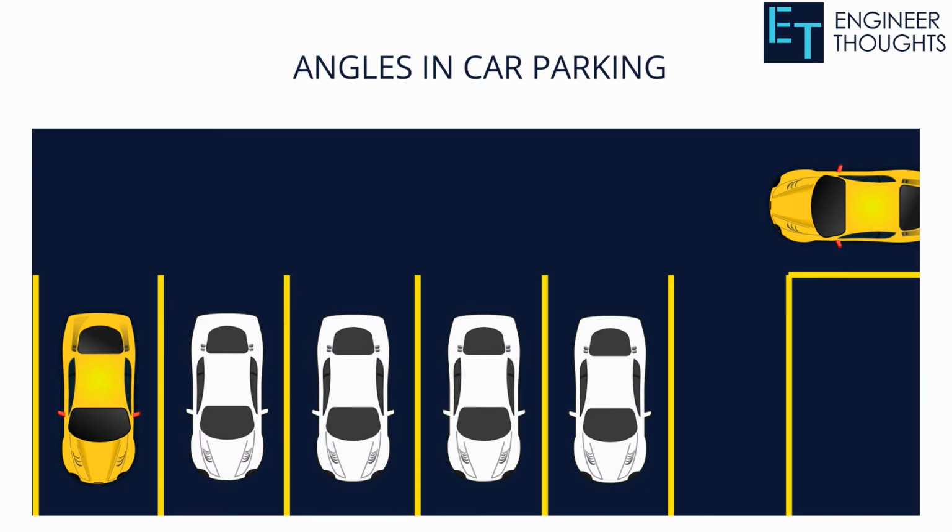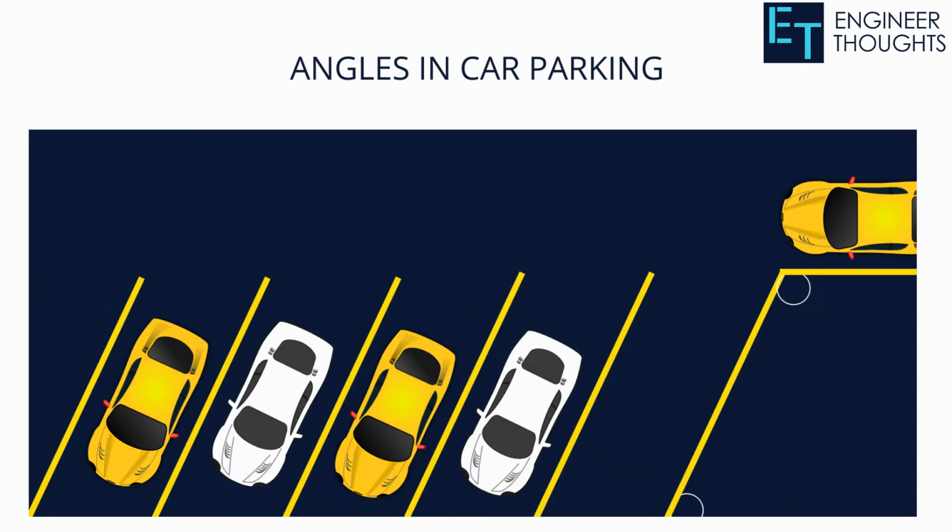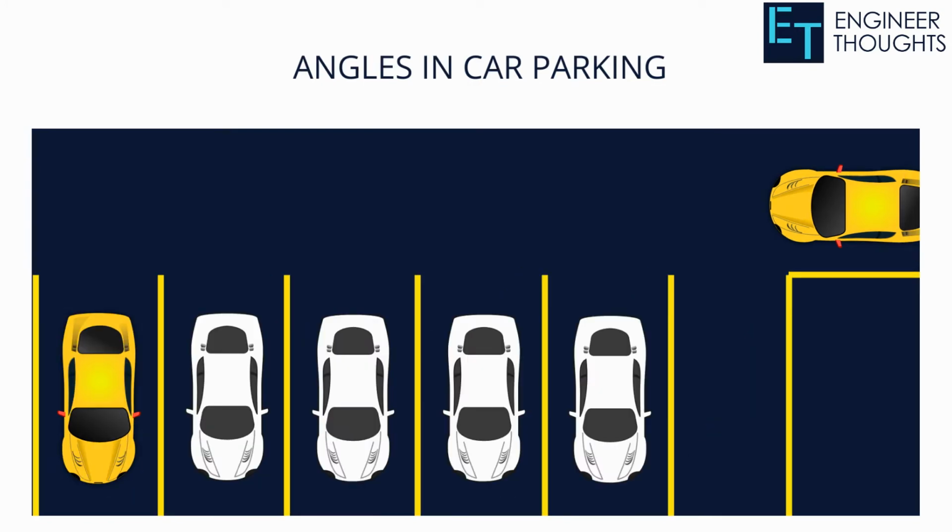Another important usage of angle is when designing a car parking lot. We would have seen many car parking lots with right angle parking spaces as well as some with an inclined angle. So we will discuss the advantages and disadvantages of using those two. When it comes to right angle, the first advantage is we can dock as many cars as possible into a specific parking lot. But it would be very difficult for the user to turn to park in as well as park out the car.